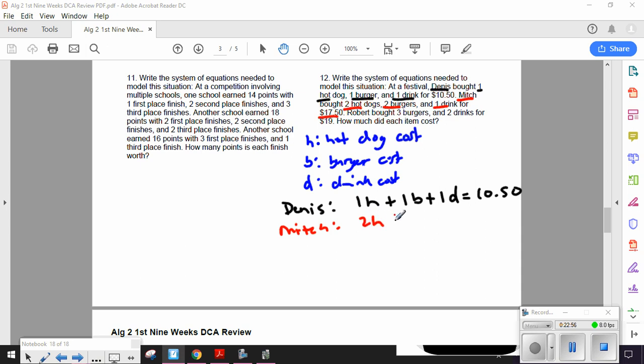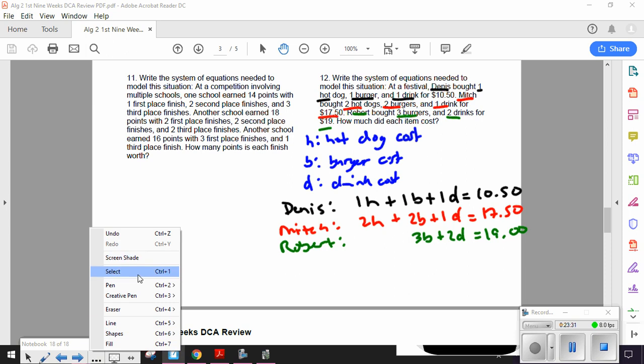So 2H plus 2B plus 1D was $17.50. And last for Robert, 3 burgers, 2 drinks, $19. So 3 burgers, 2 drinks was $19. So those are our 3 equations.